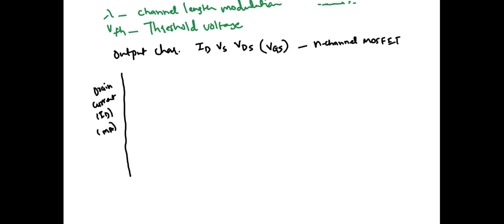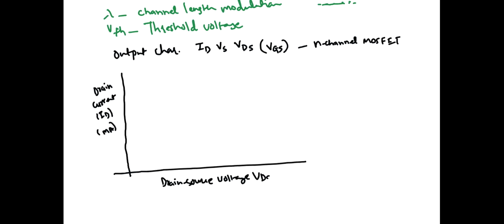On the x-axis, you will have the drain to source voltage, VDS, which is in volts. You start with 0, and then you have values of the voltages 2, 4, 6, 8, 10, and so on.